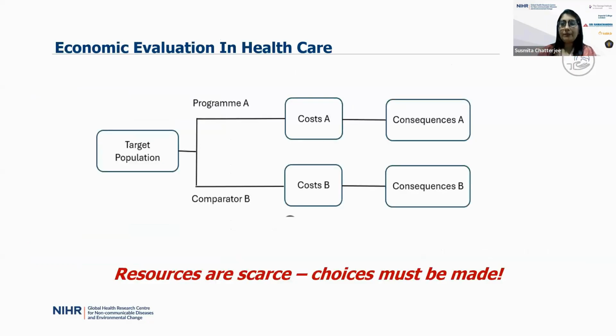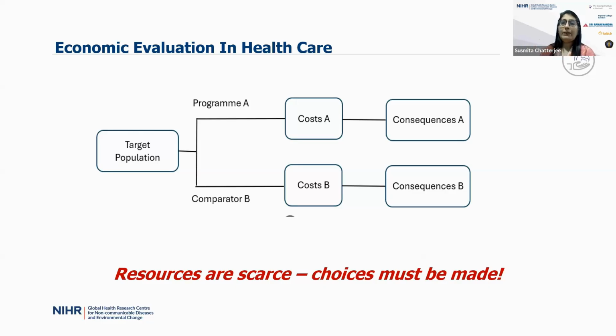So now, basically, economic evaluation. Why did I put this in red? Because this is, again, as I said, the main thing. Resources are scarce. Choices must be made. You cannot do everything. Even if the alternatives are giving you the best option, you have to choose one. You probably cannot do all two or three together because your resources are scarce.